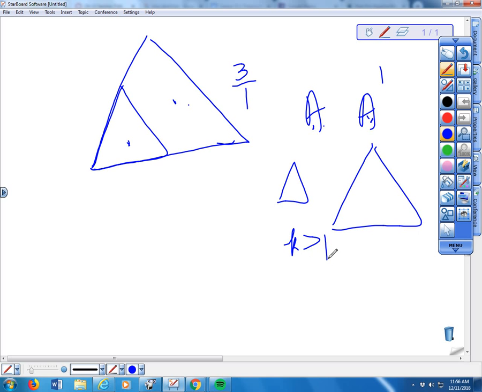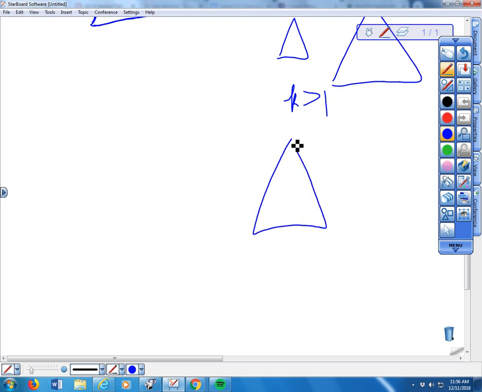If my original image is bigger than my new image, this is A and this is A prime, the dilated image, then I know my scale factor has to be less than 1. It's shrinking. It's a fraction of the original. And it's always greater than 0. It could be 0.1, but it's still going to be greater than 0. So if it's shrinking, K has got to be between 0 and 1. If it's enlarging, then K is always greater than 1.